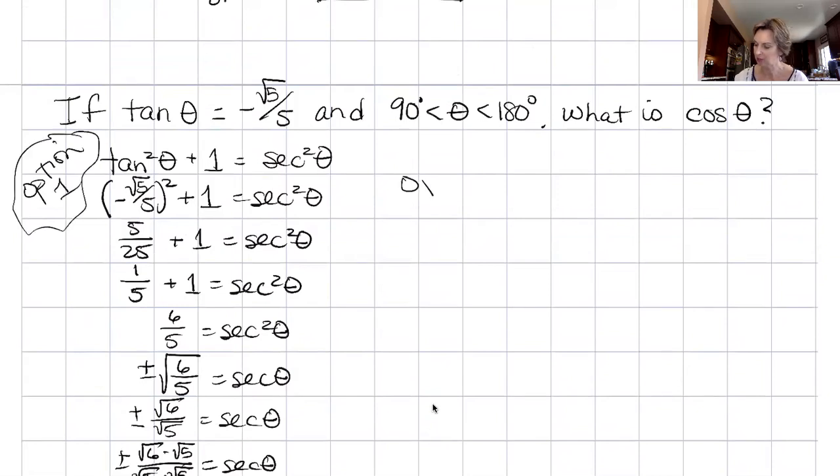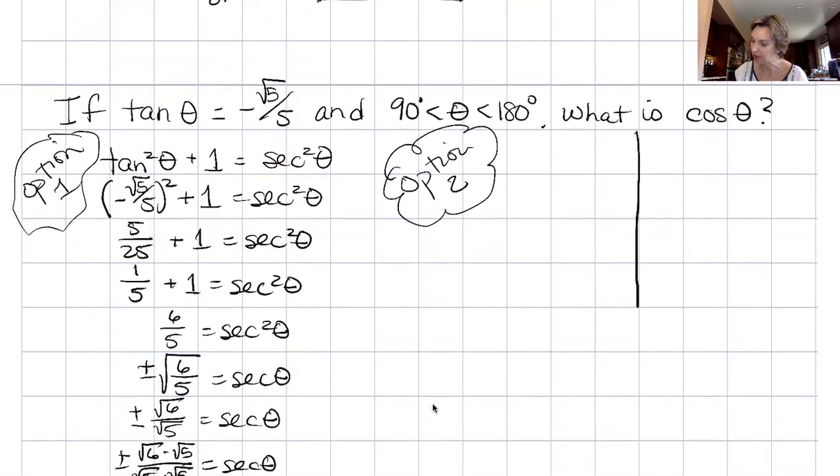Now let's take a look at option 2. For option 2, what we can do is we can take the given information and create a triangle and then solve for the third side. So we know we're in quadrant 2.